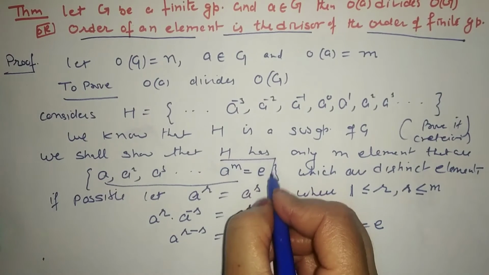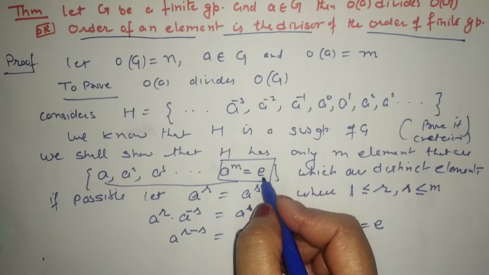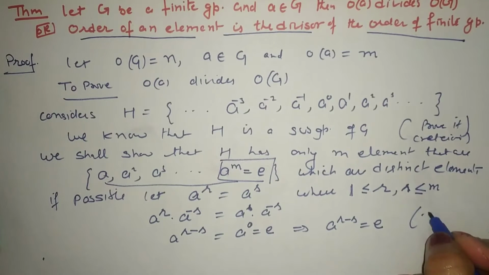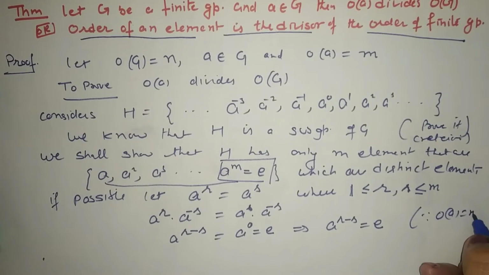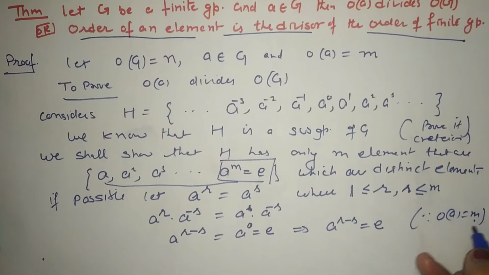But here we have written A raised to power m is equal to e. Because order of A is m, that means m is the least integer which makes A identity.